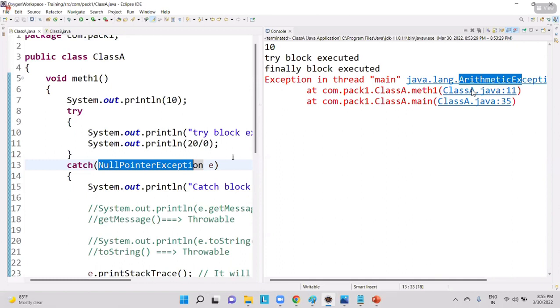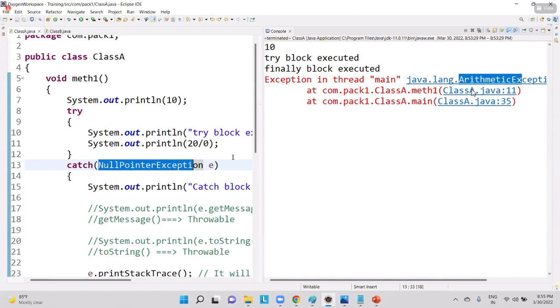Now here you may get a doubt. Sir, how do we know which exception occurs? Actually, there are literally thousands of exceptions. You are experienced and you understand which exception we will be getting, but what about us? Let me be very frank with you.